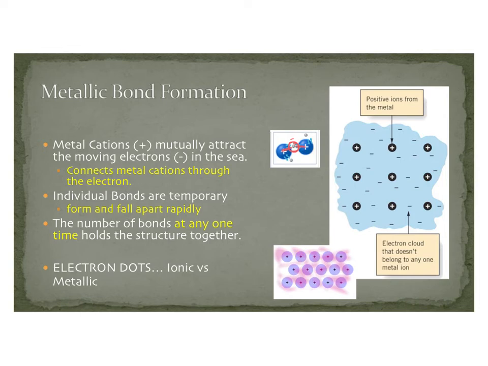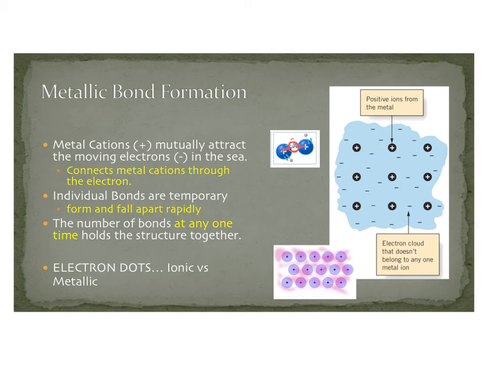But those electrons are moving around. So that electron will move on, and the next electron will come through. These attractions form and then disappear until the next electron comes through, and once again, the attractions form and then disappear as this happens.